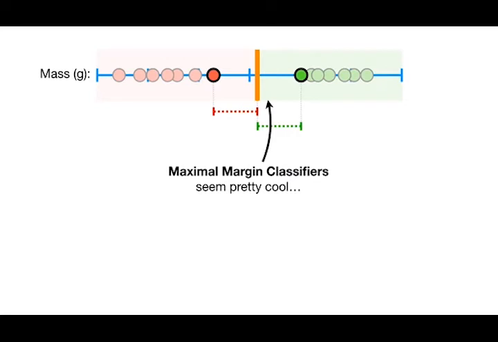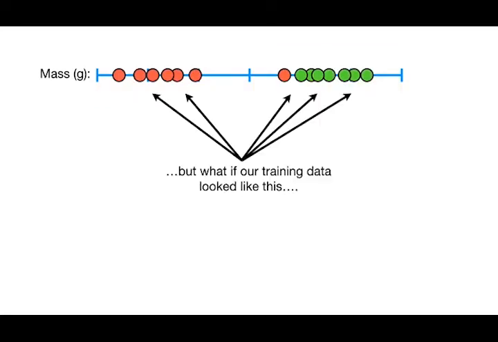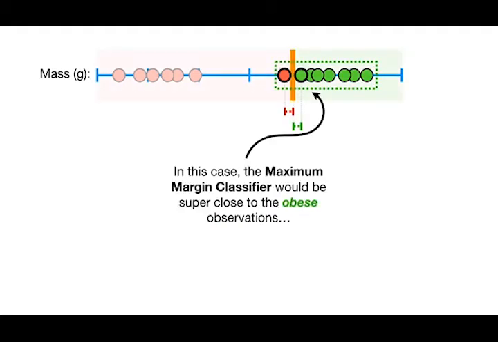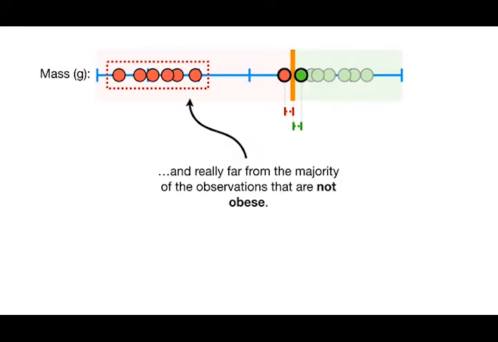Maximal margin classifiers seem pretty cool, but what if our training data looked like this? And we had an outlier observation that was classified as not obese, but was much closer to the obese observations. In this case, the maximum margin classifier would be super close to the obese observations, and really far from the majority of the observations that are not obese.